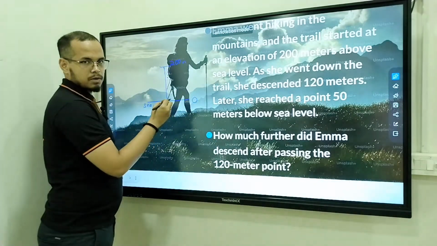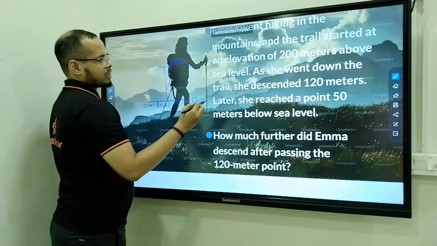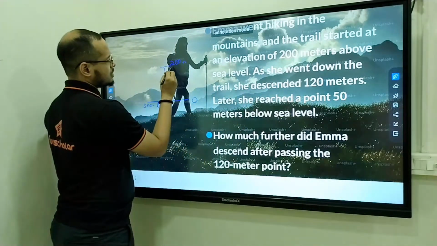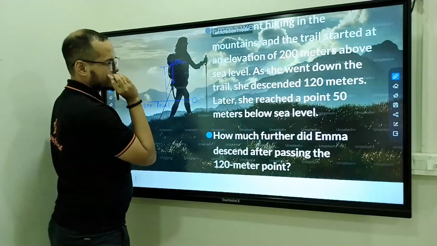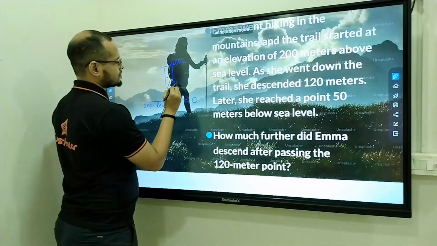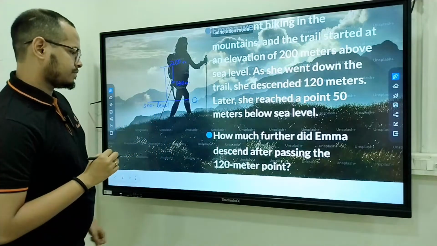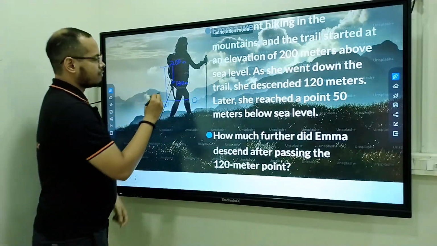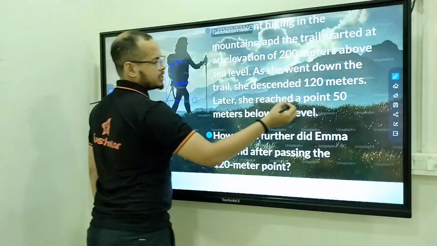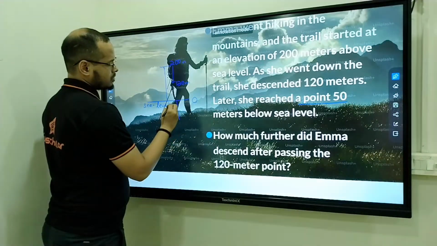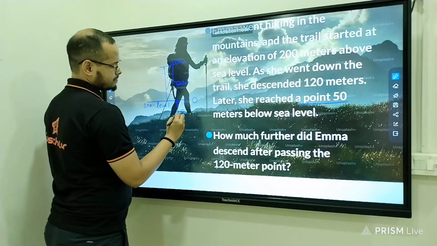Then, as she went down the trail, she descended 120 meters. After that, the question tells us that she reached a point that is 50 meters below sea level.